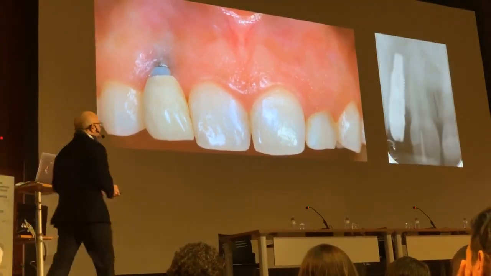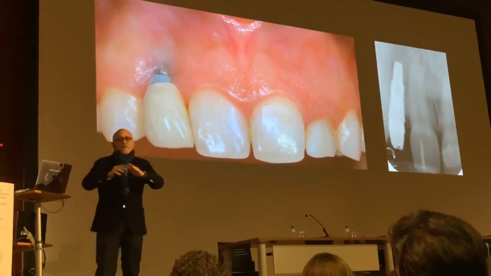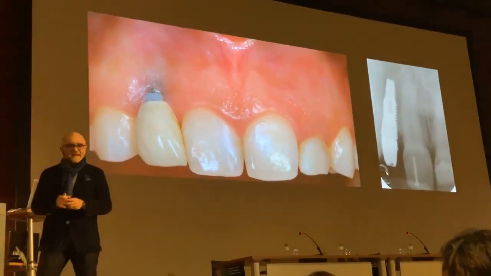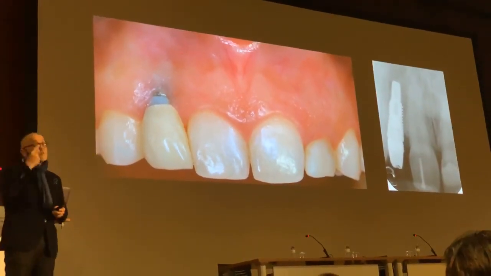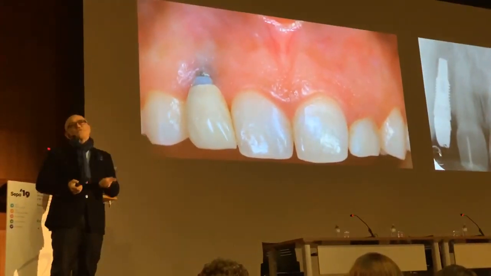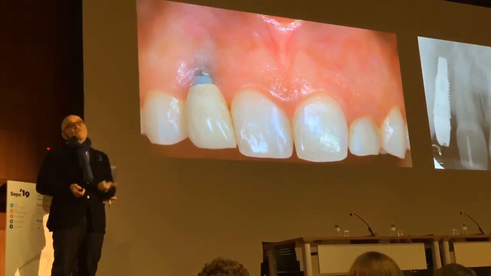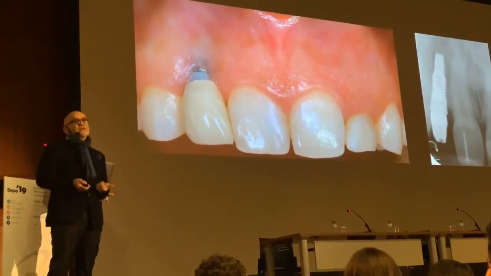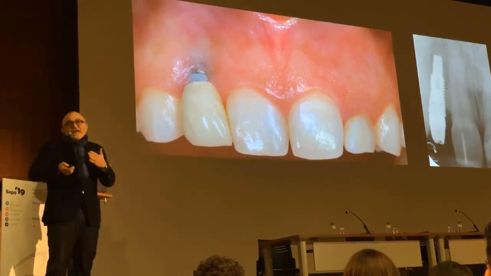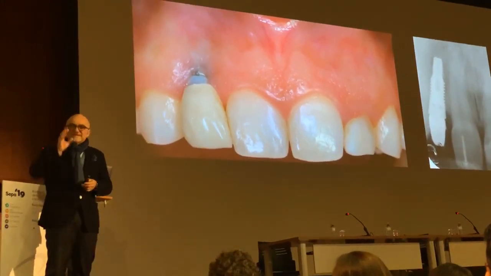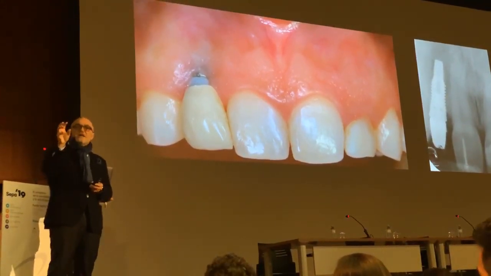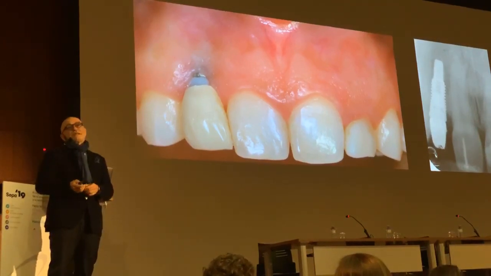So in this case, we really have all the mistakes that can be made in one patient. Not the right diagnosis, not the right treatment because of the wrong diagnosis, and not the right planning, because I have to know at least where the ideal position of the soft tissue margin is before deciding to place the implant.